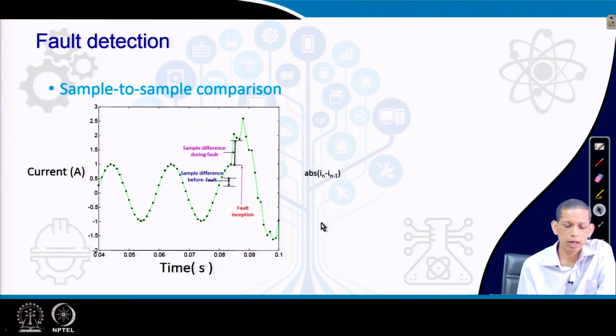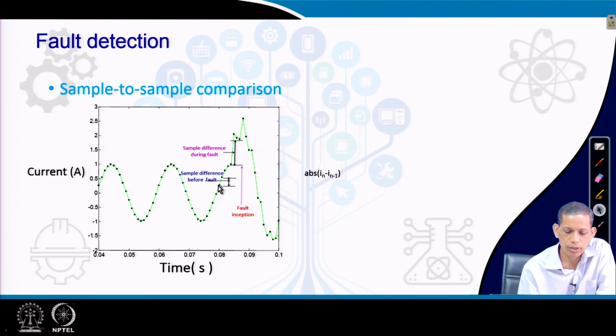Now, let us see how the sample values are useful in the relay process, before going into more detail in subsequent lectures. So, this is a current signal, and at this point fault inception has occurred, and after that the current signal jumps to a higher value.